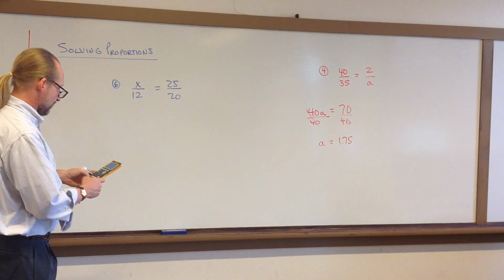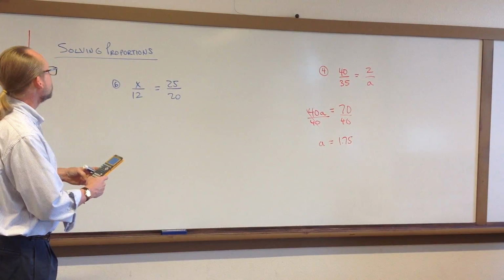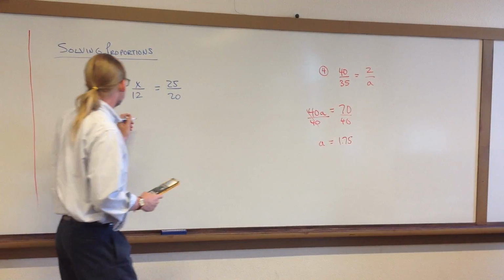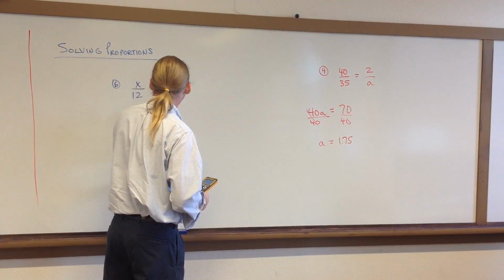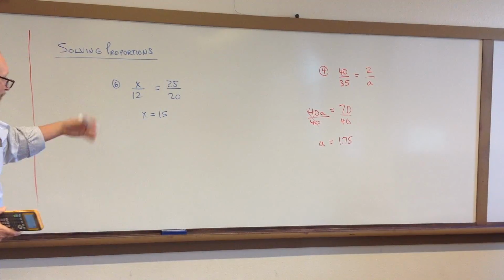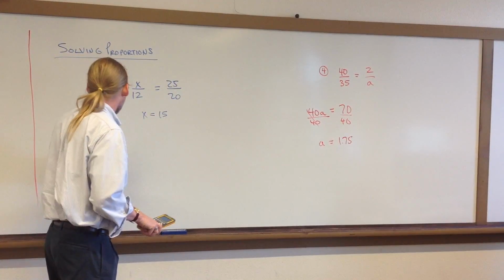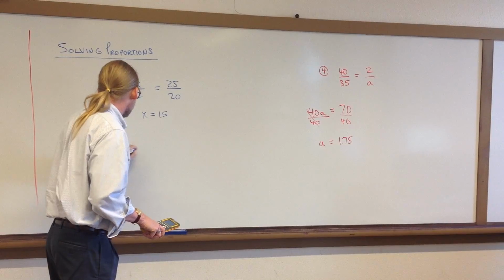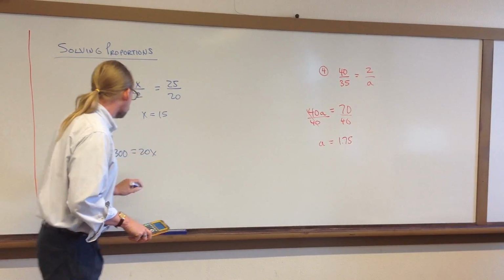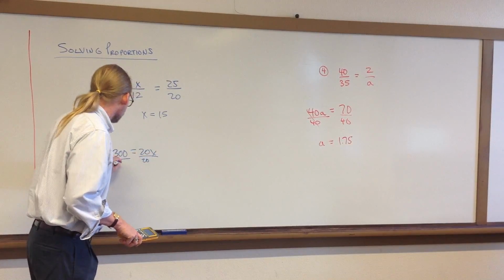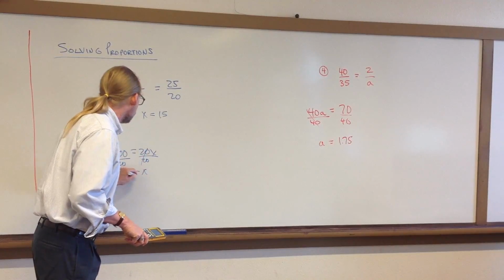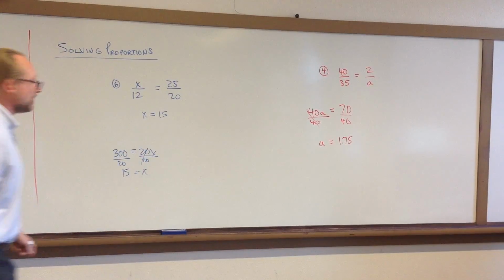So 12 times 25 and then divided by 20 gives us 15. If we go through the whole process, when we do the 12 times the 25, that was 300 equals 20x, and then divide on both sides by 20, and there's our x equal to 15.